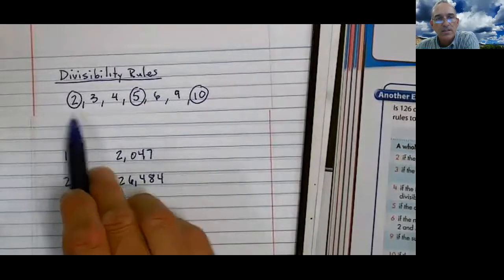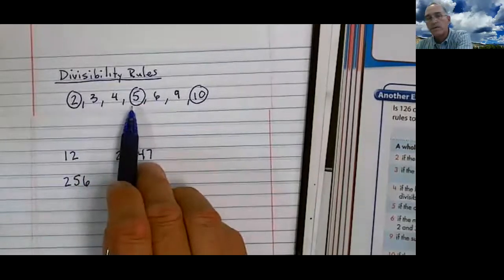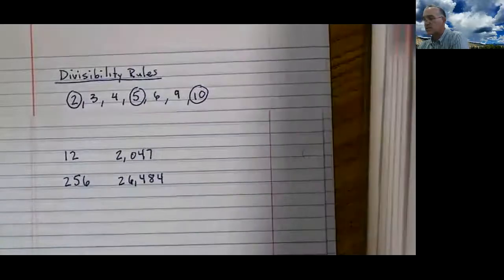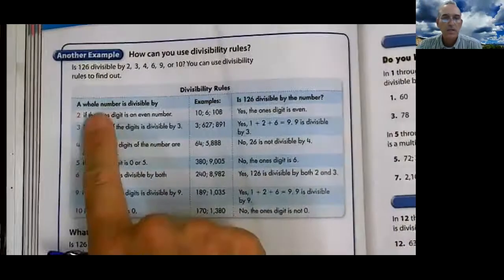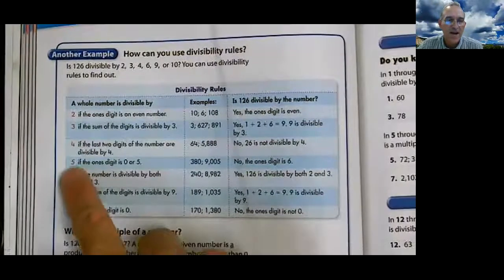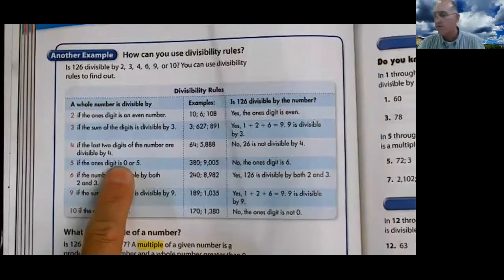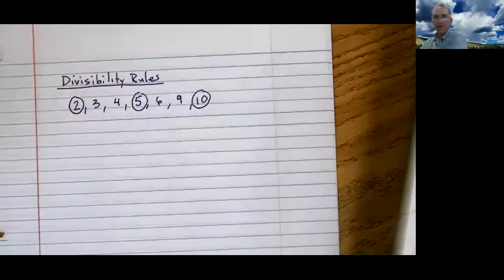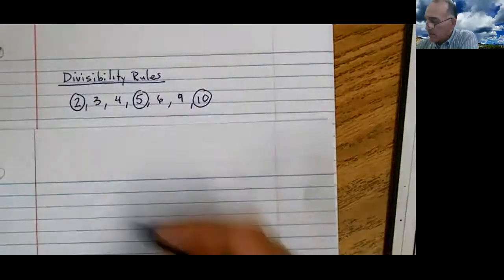Okay, let's take a look at another one that you already know. Here's what it says in your book. A whole number is divisible by 5 if the ones digit is a 0 or a 5. Watch how you already knew that one as well.